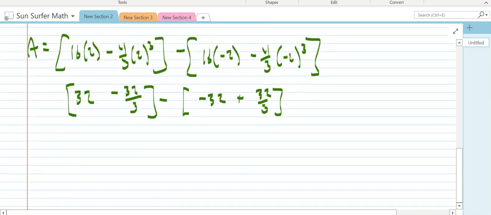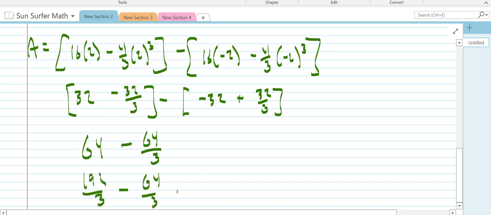Now we can take 32 minus a -32 and get 64. And then we're going to have minus 64/3. Well, getting common denominators, we're going to have 192 over 3 minus 64 over 3, which is 128 over 3.